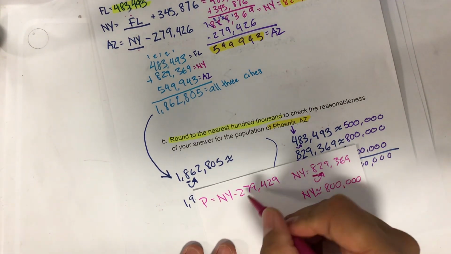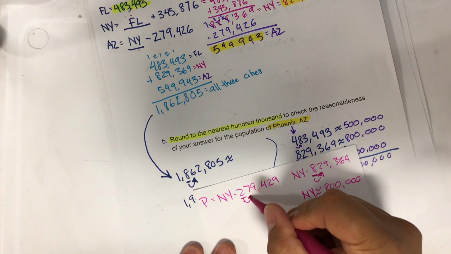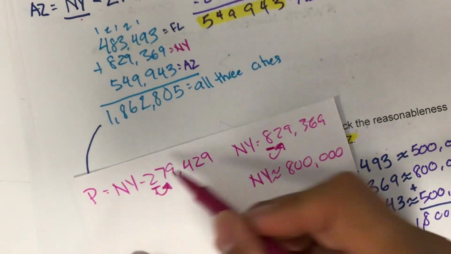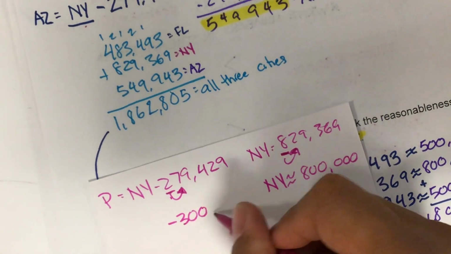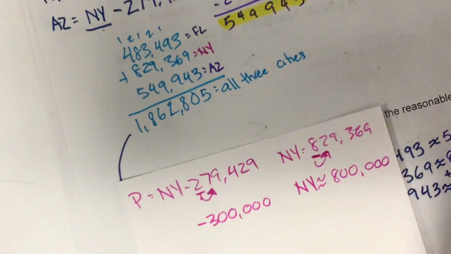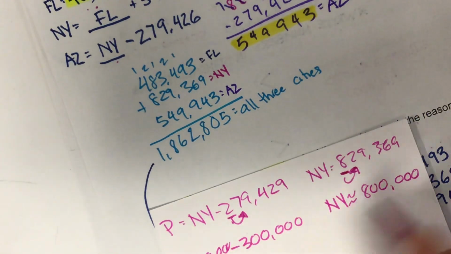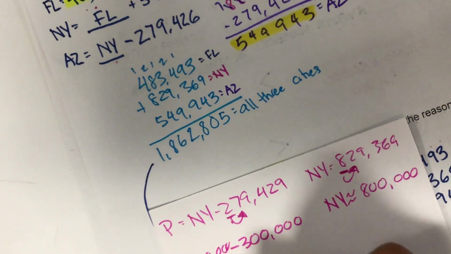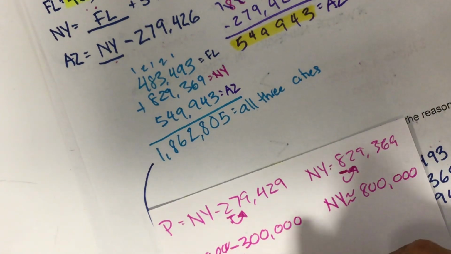And if we round the subtraction value, we're actually going to add 1 to our 100,000s because we're at 70,000, we're closer to 300,000. So if we round that, it is about 300,000 less than New York. So now we have 800,000 minus 300,000, which will get us to Phoenix should be about 500,000.